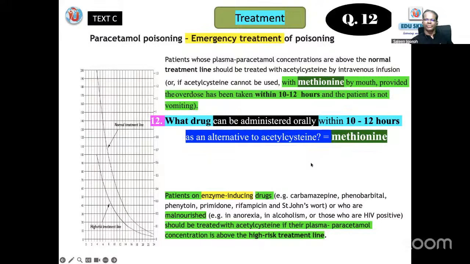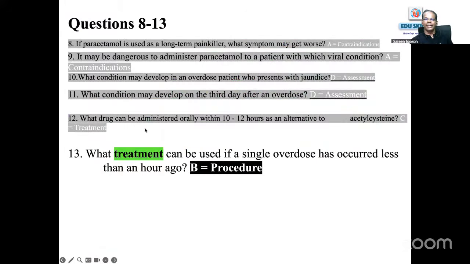Clear? Yes. 13th one, what treatment? They are asking for a name of a treatment. Can be used if a single overdose has occurred less than an hour ago. Less than 1 hour means within, below this, right? You see that number, the duration since ingestion.